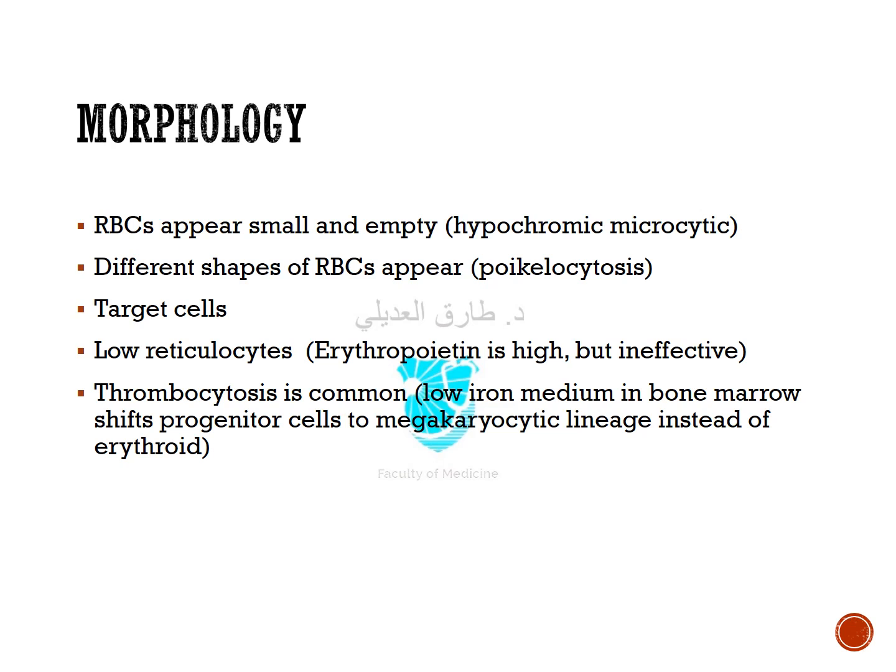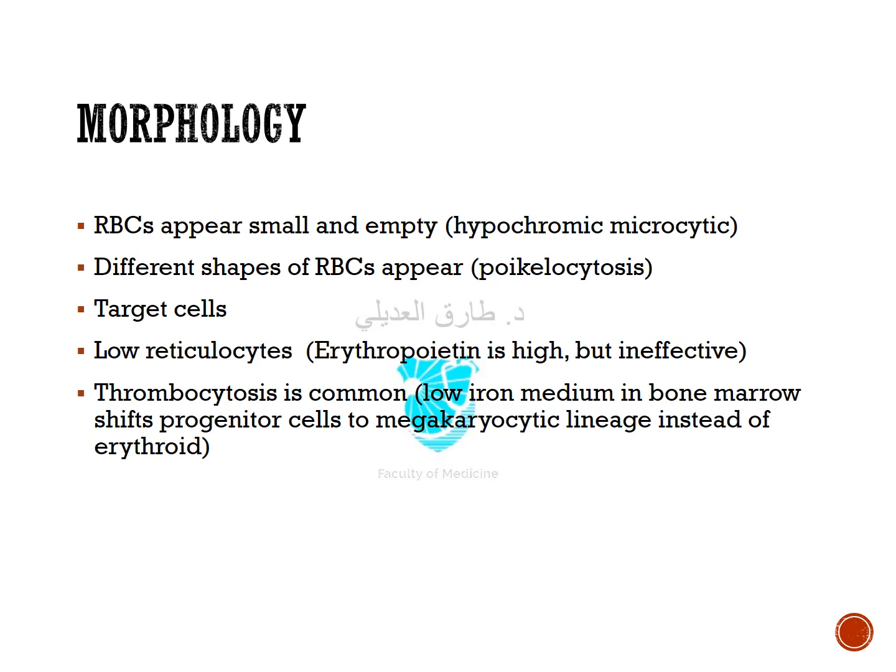Imagine it as a car engine that needs fuel to operate. If you don't have the fuel, which is the iron, then the engine cannot operate well. The same concept: if we have erythropoietin, it cannot activate the bone marrow to produce RBCs.